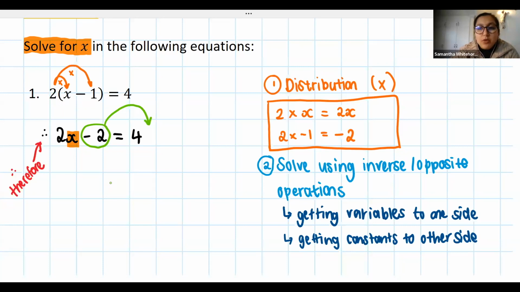But the second I move anything over the equal sign, the second I start moving terms, I need to remember that the sign or the operation needs to be the opposite. The inverse operations need to apply. And so what that means is I actually need to add 2 in order to bring that minus 2 over.